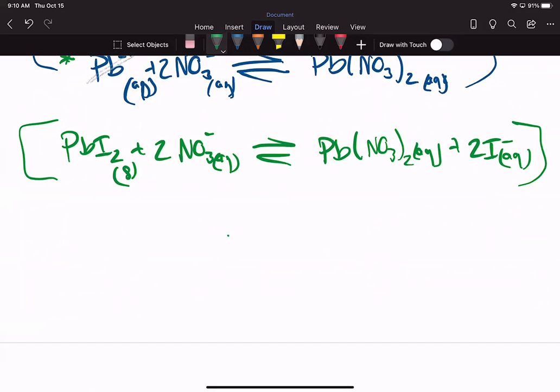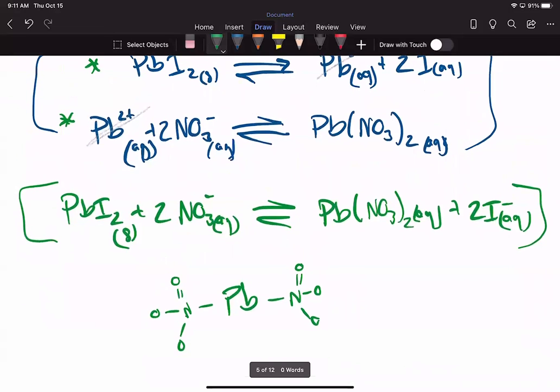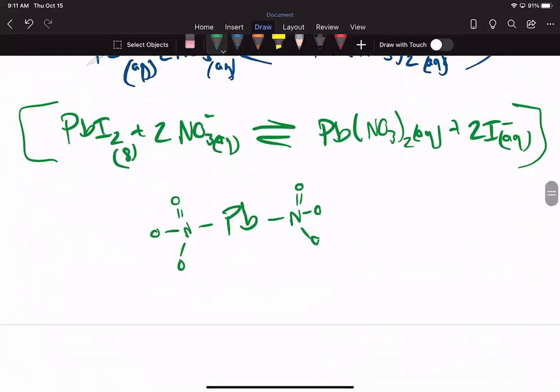So these ligands here, right? Let me draw this out for you guys. We'll do nitrate here. Minus, minus, plus, no charge on that, 2 plus, that's 2 minus.